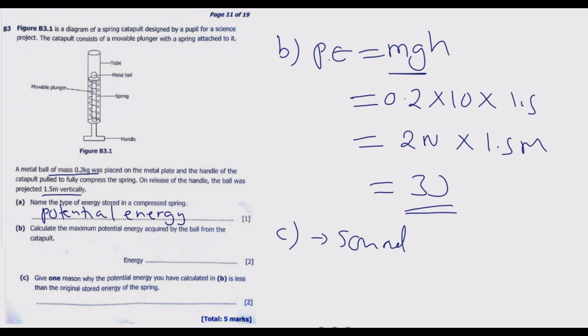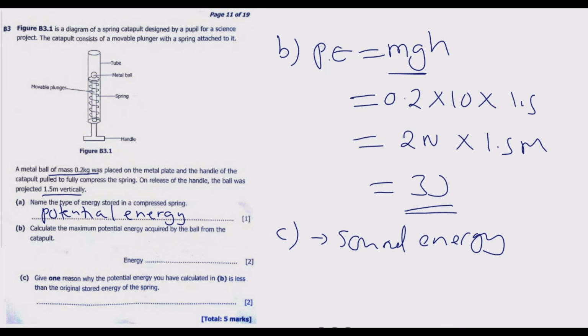So some of the energy is lost through this vibration, and not all of it is transferred into kinetic energy, which would result in potential energy reaching the highest height of 1.5 meters.